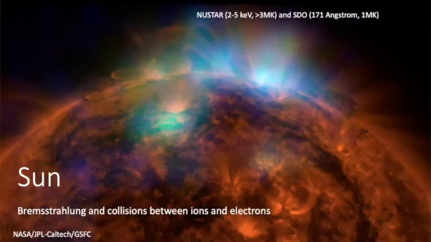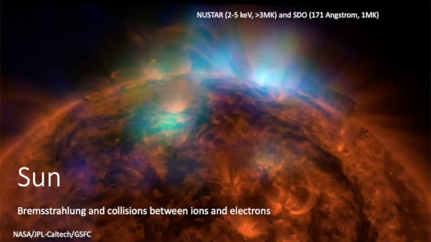So let's start with the sun. The sun is actually the source of all the X-rays that come from the solar system in one way or the other. The sun shown in this image is a combined image by NuSTAR and the Solar Dynamics Observatory. In green, you see the hard X-ray detection by NuSTAR, 2 to 5 kiloelectron volts, equivalent to temperatures above 3 million kelvins.